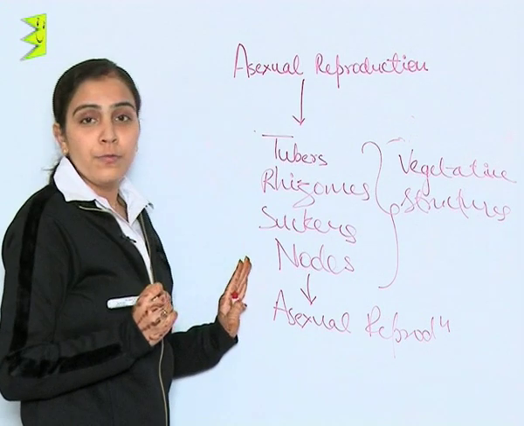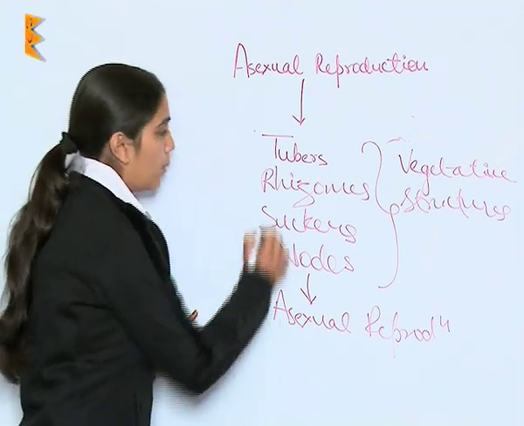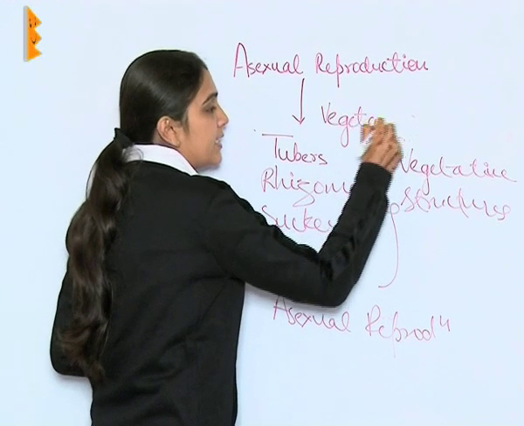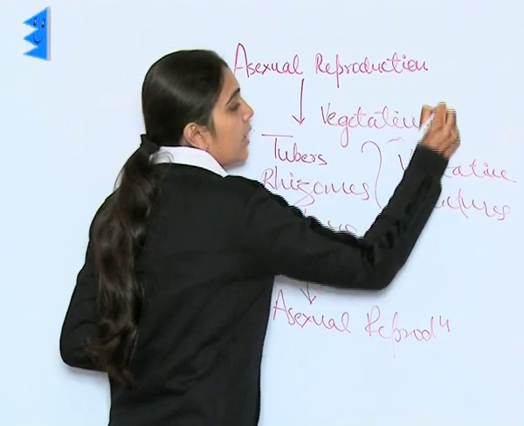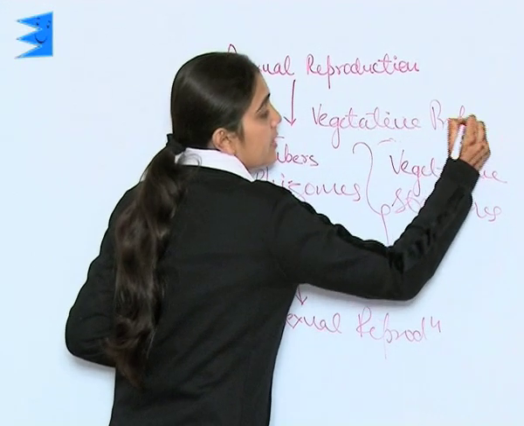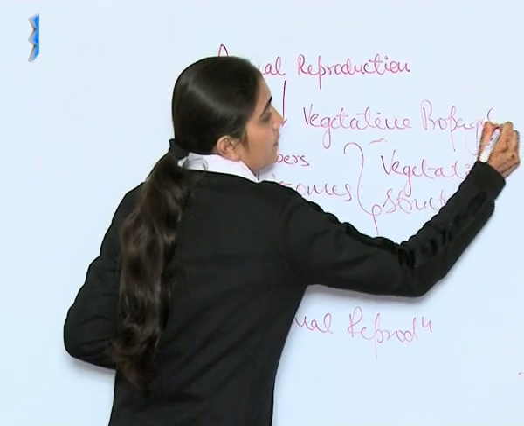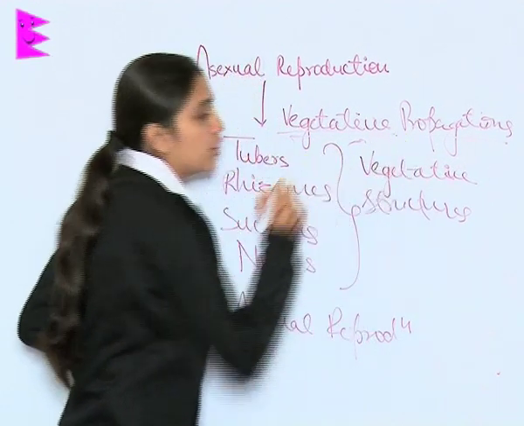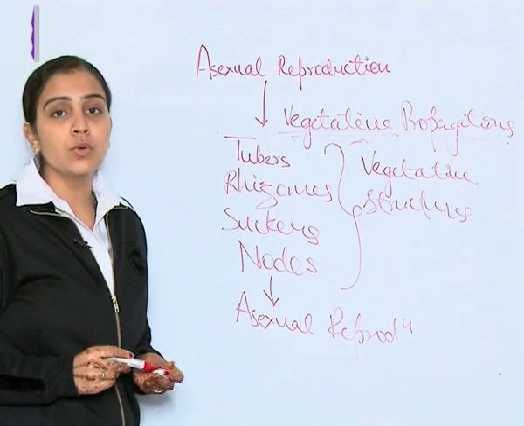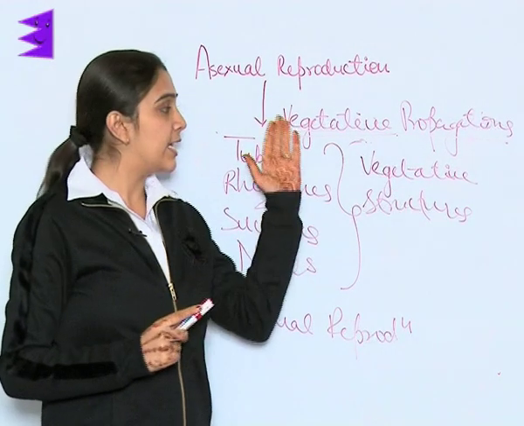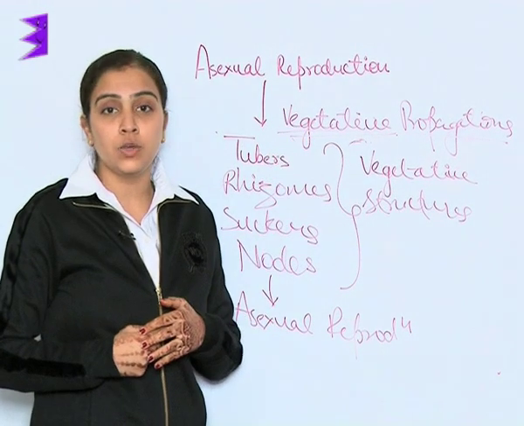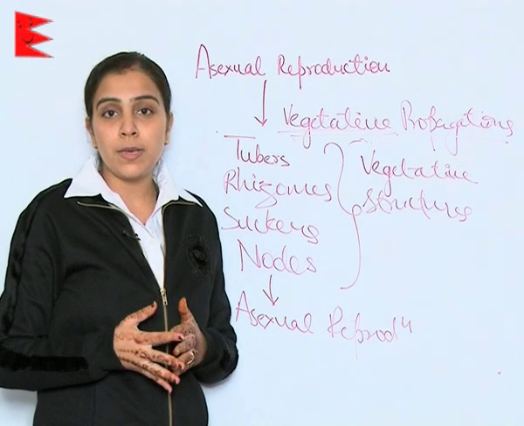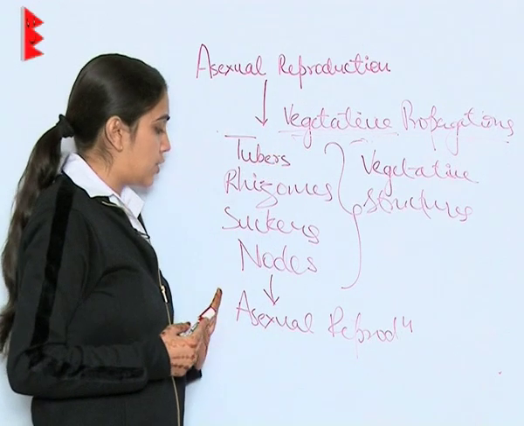Now, we use the term vegetative propagation. Why do we use the term vegetative propagation? Because this is the case of plants, and this vegetative propagation is largely used and exploited by farmers and nursery people to grow these plants.